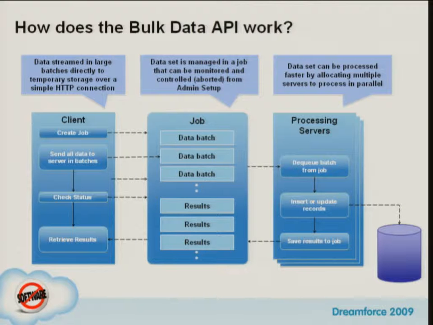And so not only are we able to send all the data at a time, we can actually start the process before all the data is there. So once the first batch is up, the first batch can start to be processed, while the second and third and fourth and fifth and 500th batch is sent up. And so what this really allows us to do is provide the scalability.